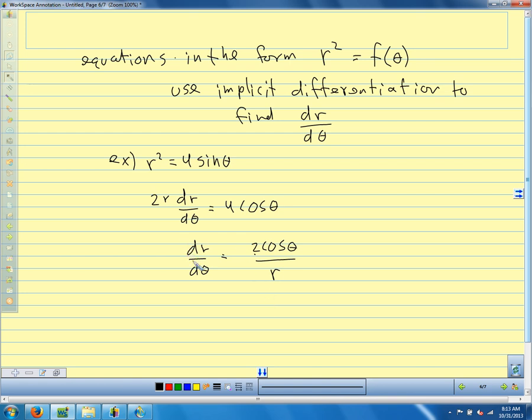And in our arc length integral, we need dr d theta squared. So if we're finding an arc length or a surface area, we would get 4 cosine squared theta over r squared, over 4 sine theta.